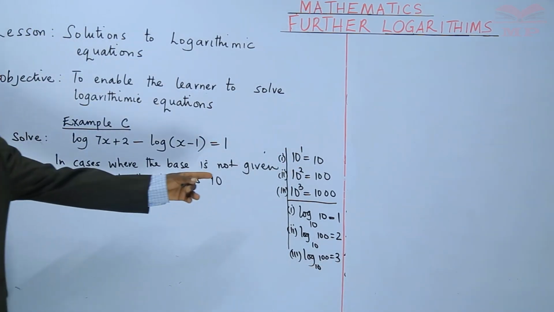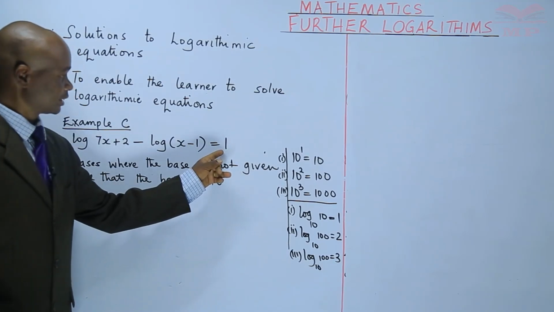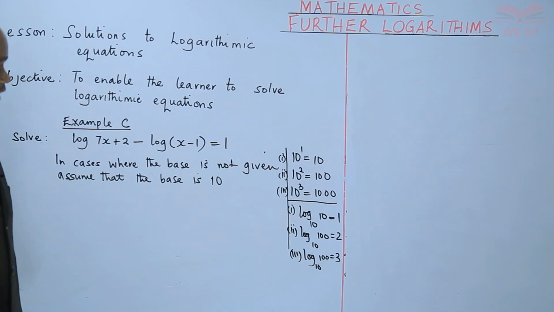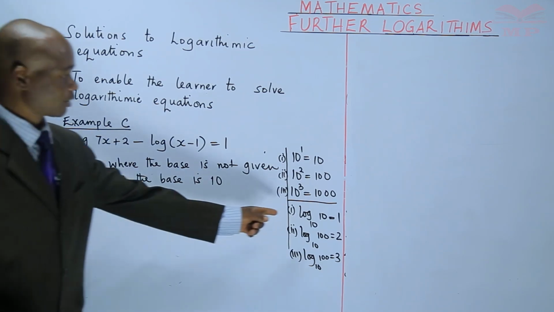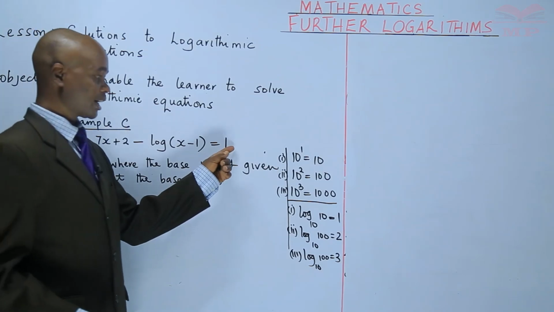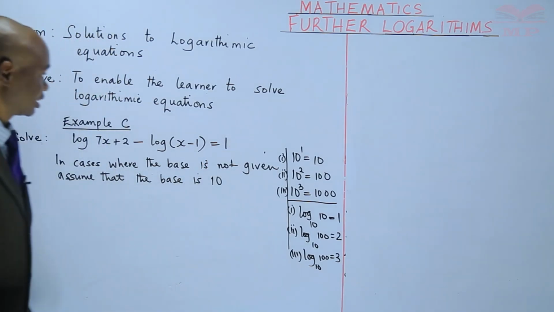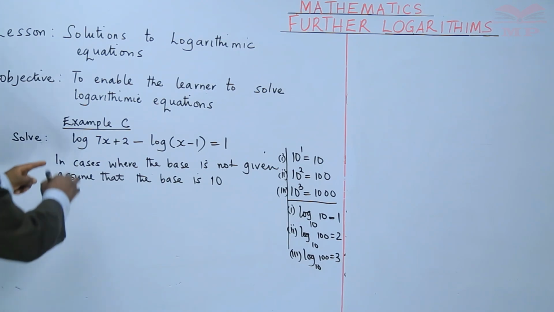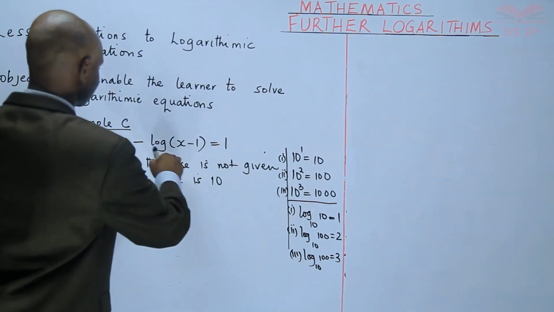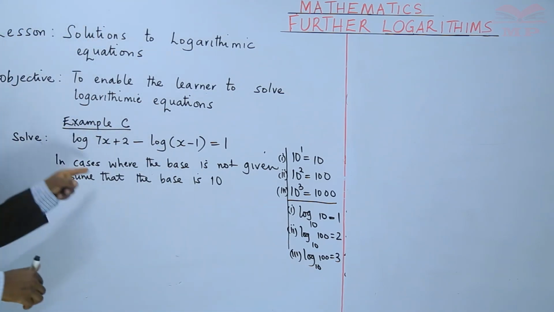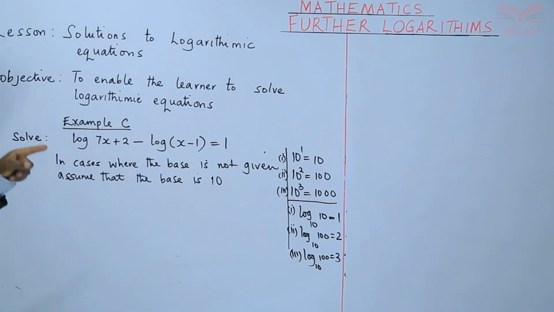So I've actually found what to put here. 1 is equal to log 10. So where we have 1, I'll substitute it with log 10. I'm assuming that all of these are to the base 10, because I've told you in cases where the base is not given, assume that the base is 10.